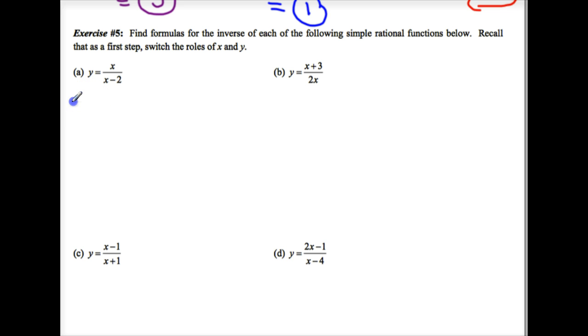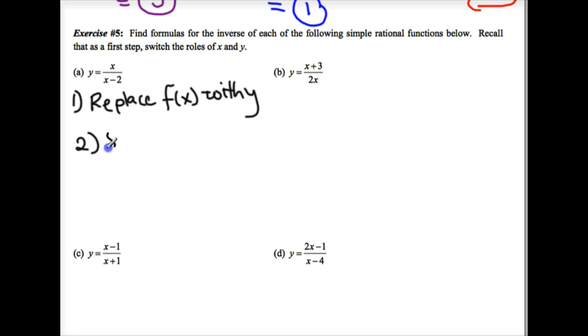So step 1, it says replace f of x with y. This is done already. Step 2 says switch the x and y. So let's do step 2, where this becomes x is equal to y over y minus 2.